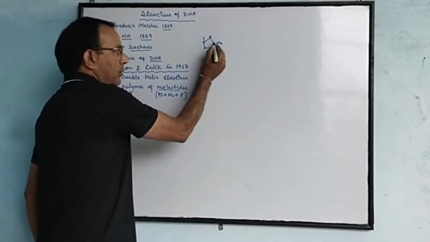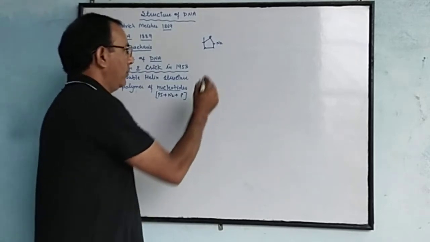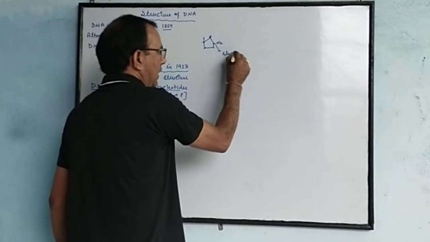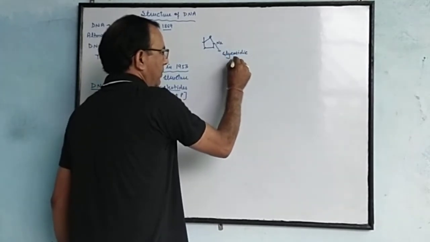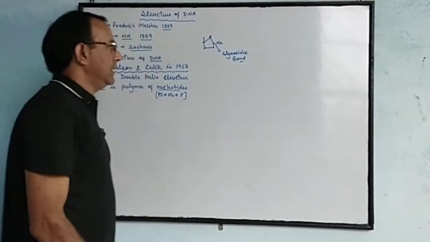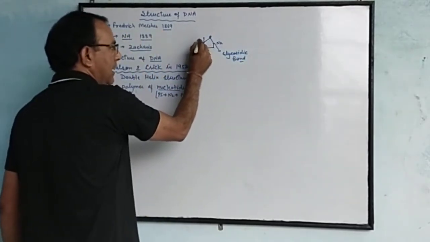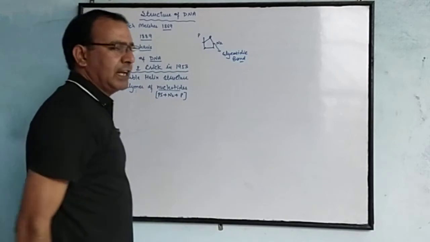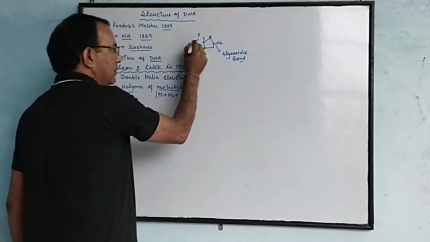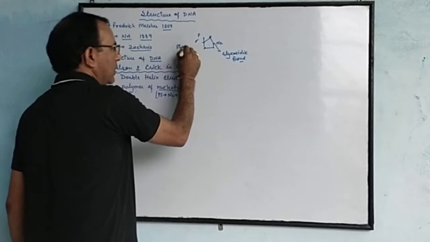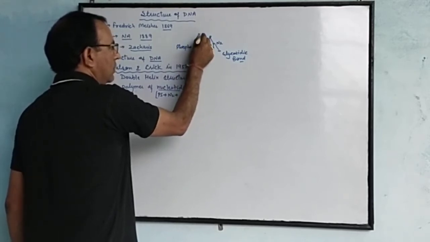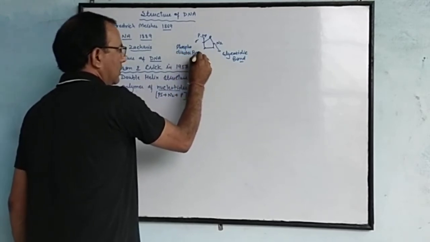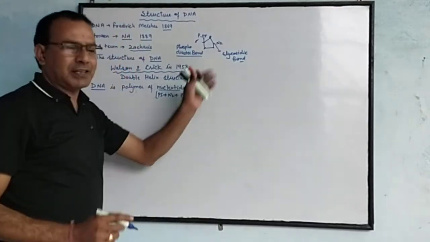The bond formed by the attachment of the nitrogen base is called the glycosidic bond. And phosphoric acid is attached at the 5th carbon, and the bond formed with the phosphoric acid is called the phosphodiester bond. Clear? This is the structure of the nucleotide.